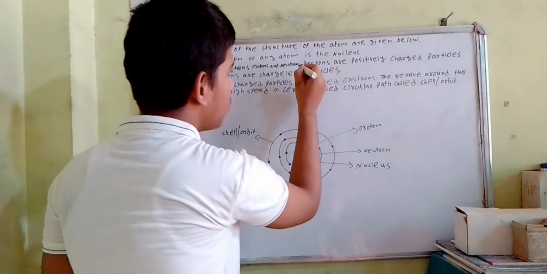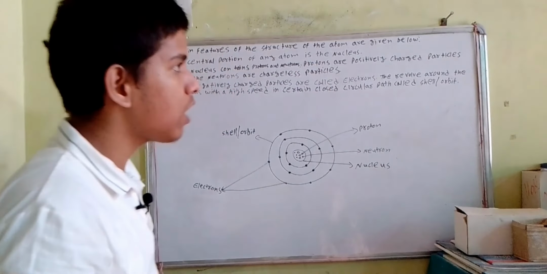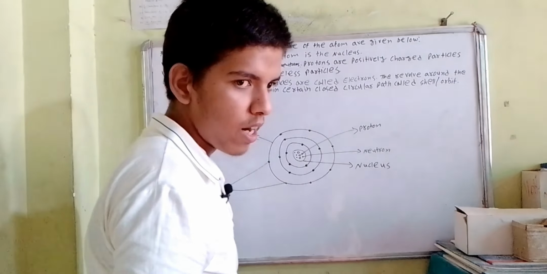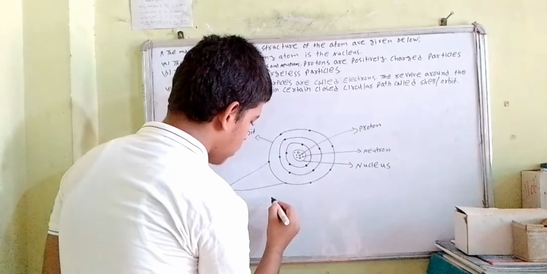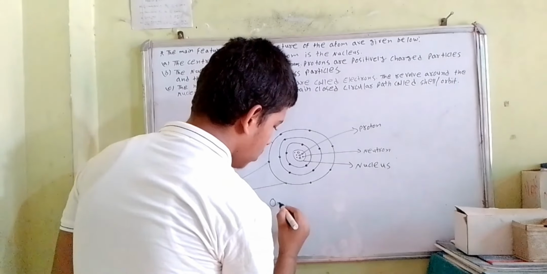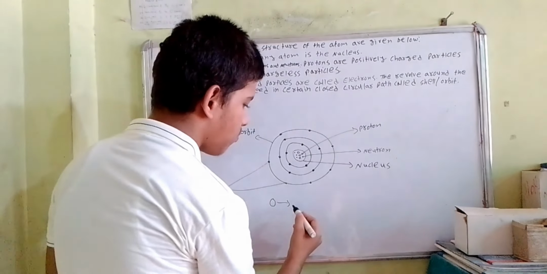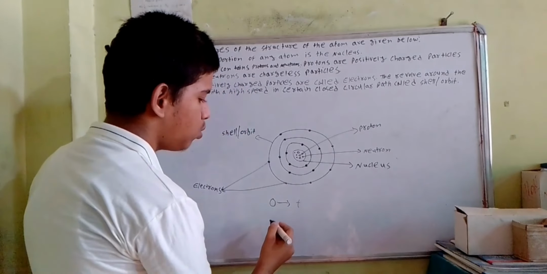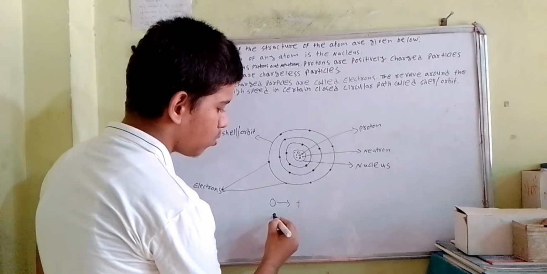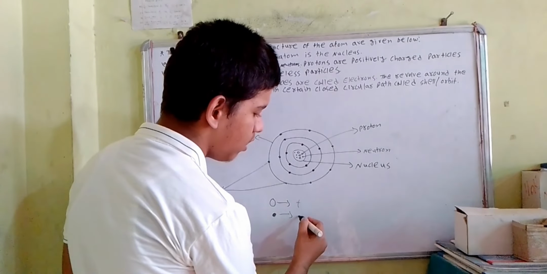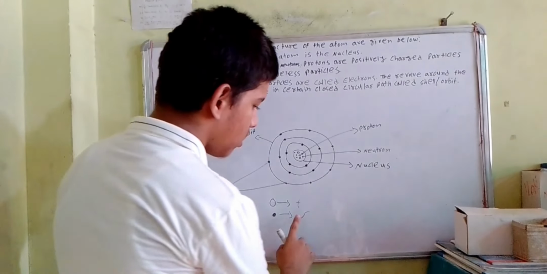Protons are positively charged particles, and neutrons are chargeless particles. Let's say this is the proton. This proton is a positively charged particle. They have a positive charge. And let's say this is the neutron. They are chargeless, they don't have any charge. You can say 0.